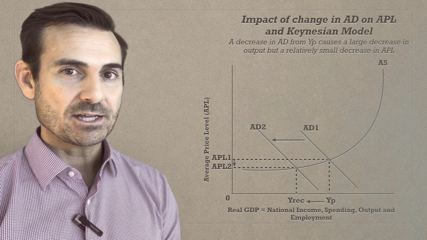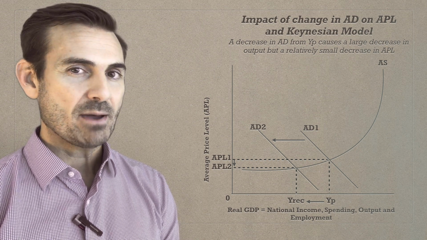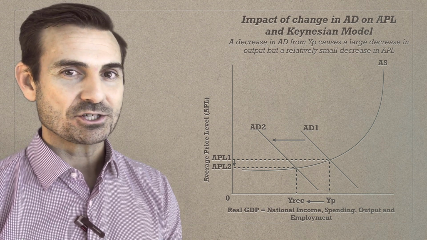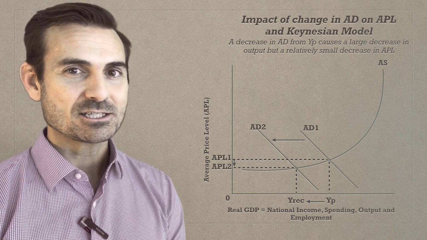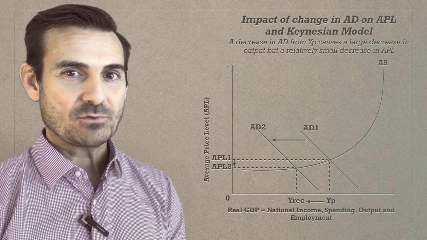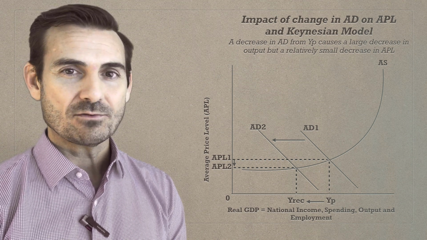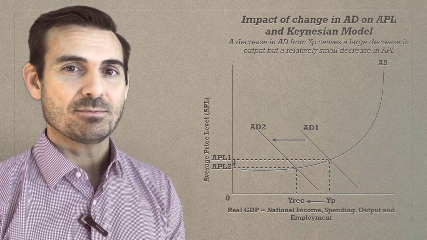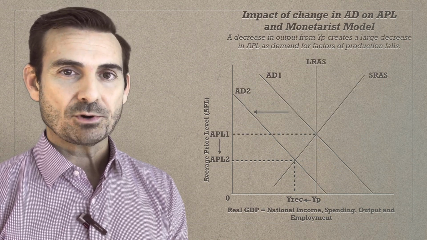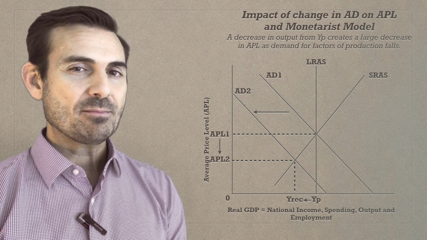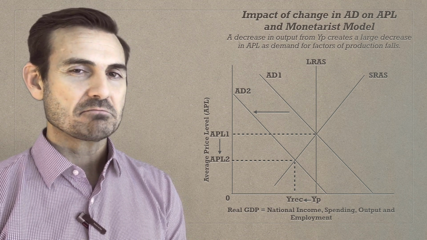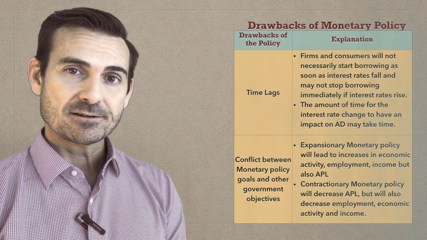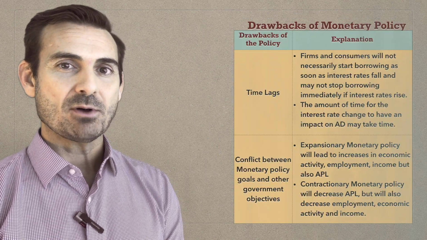Because of minimum wage, worker contracts, and the power of unions, when output drops, cost of production won't drop at the same rate, especially the cost for labor. Therefore, firms will need to get rid of or fire workers to cut costs, creating an even further drop in output. The monetarist New Classical approach, however, describes a drop in output being matched by an almost equal drop in average price levels. This is something else you should consider when thinking of the impact of monetary policy on the economy.